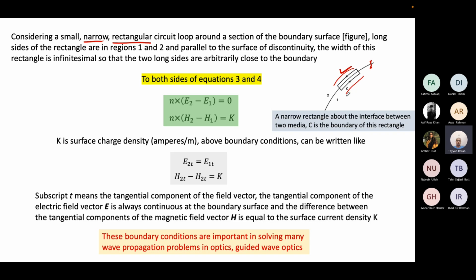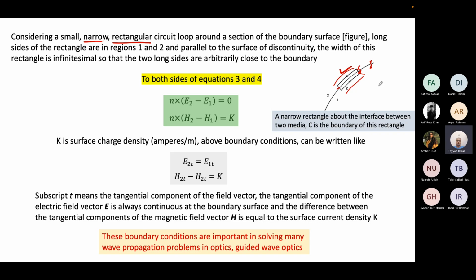We are not considering these sides here, this side and this side, ठीक है. Our concern is these two. The width of this rectangle, they are saying, is so small, and these two sides are very close to each other. ठीक है, ये बहुत ही छोटी साइज है यहाँ पे, ठीक है.